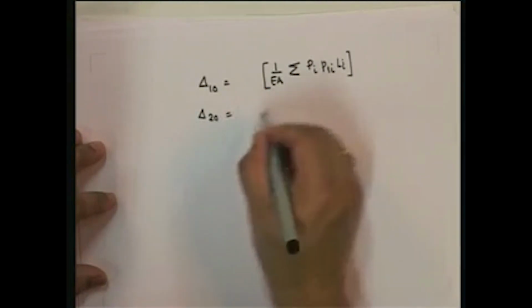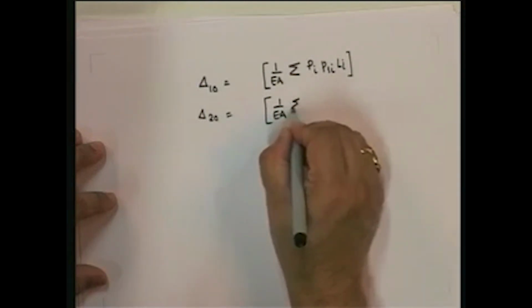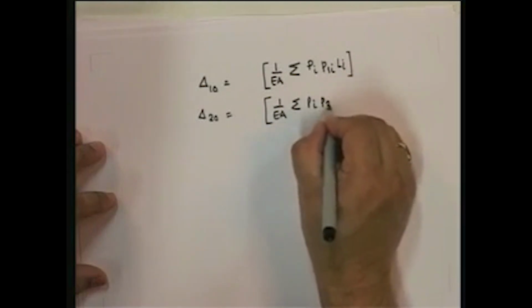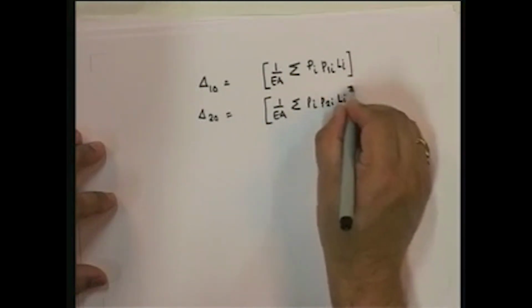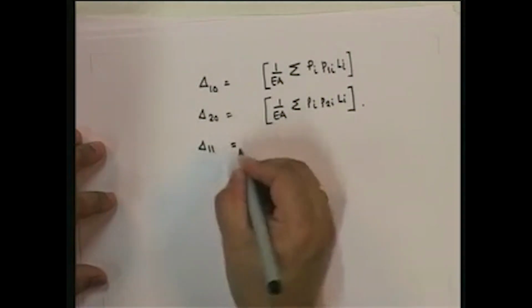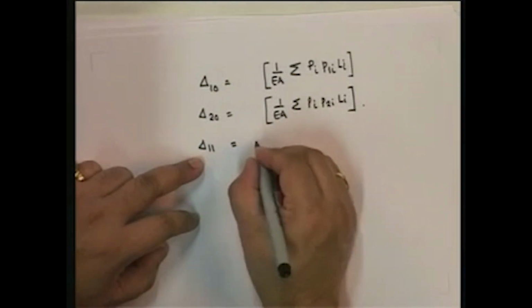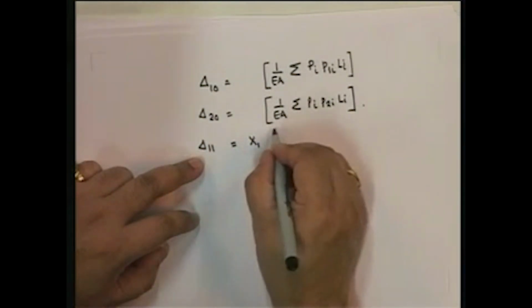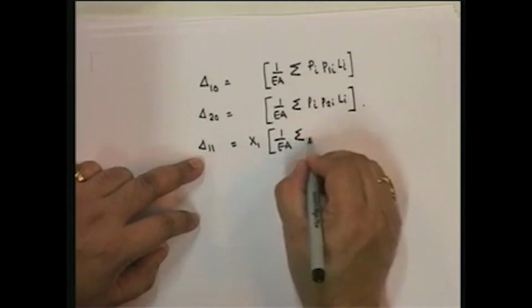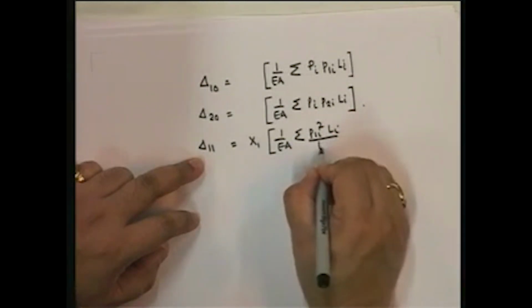Delta 2 0 is equal to 1 upon Ea summation P2i Li. Delta 1 1, due to x1, is equal to x1 into 1 upon Ea summation P1i squared Li.